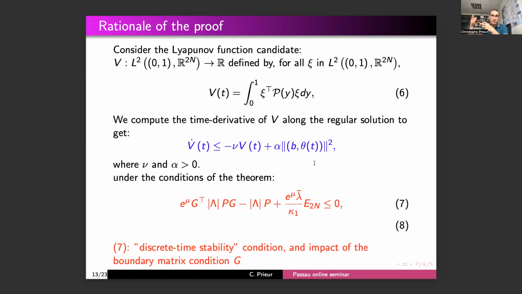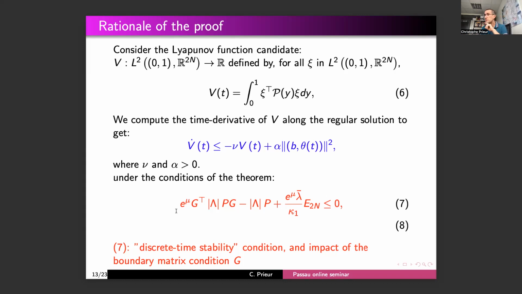After integrating by using a comparison lemma, it is not so difficult to check that we have input to state stability in L2 norm. Why in L2 norm? Because this Lyapunov function is equivalent to the classical L2 norm in space.